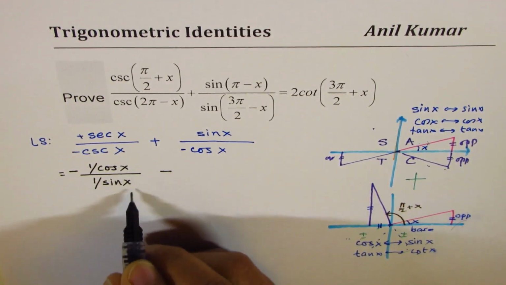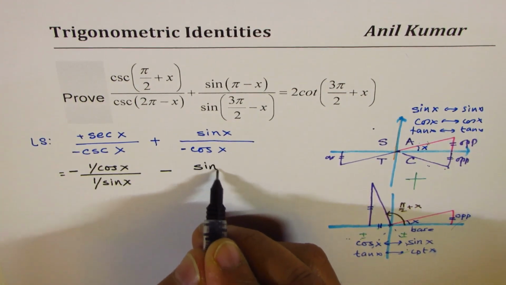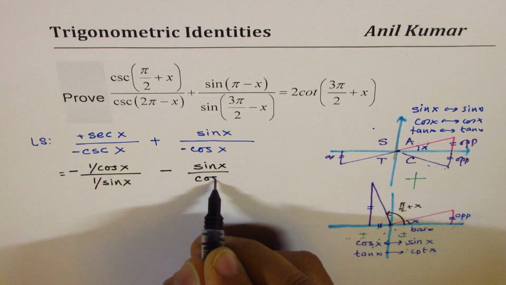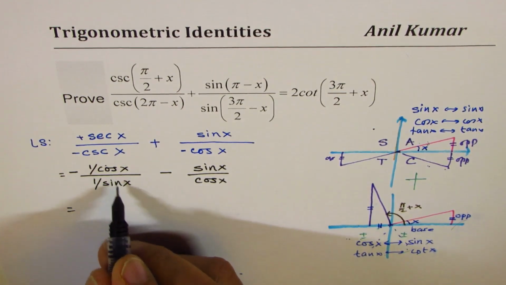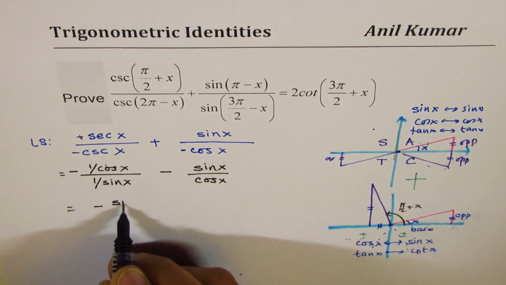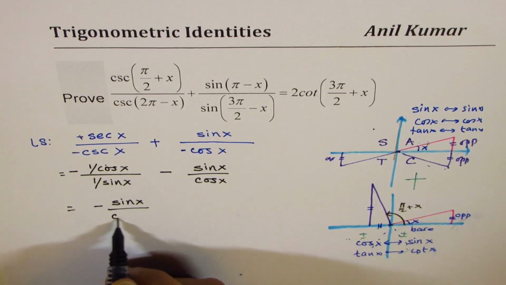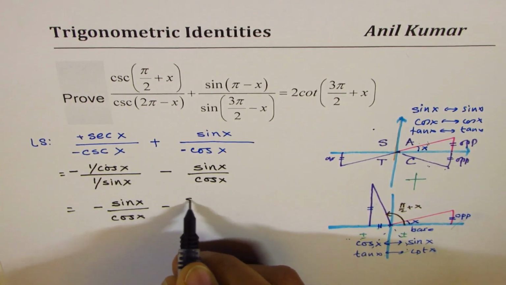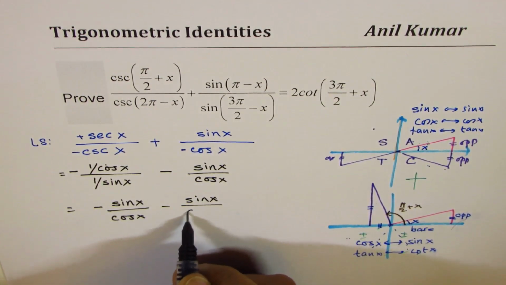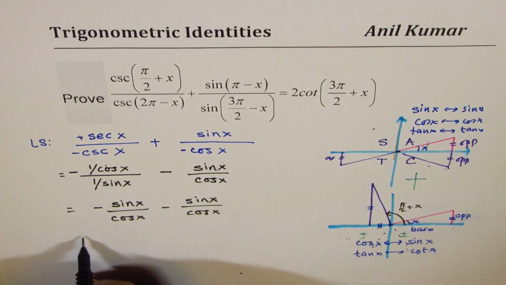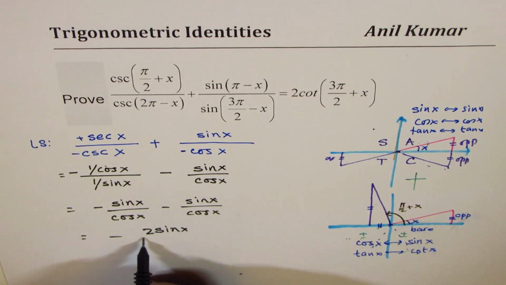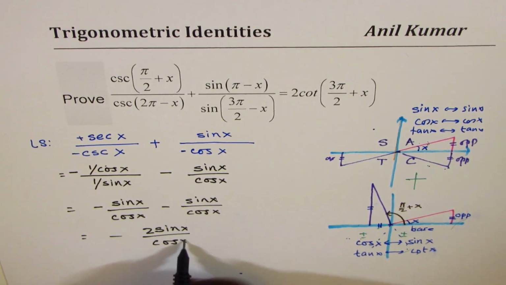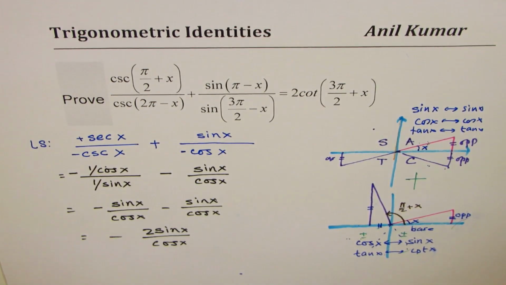Now here again we have negative sine x over cos x. Now that's what we get here also, sine x over cos x, right? So we have negative sine x over cos x, negative sine x over cos x, which is negative 2 sine x over cos x. Do you see that? So that becomes our left hand side.